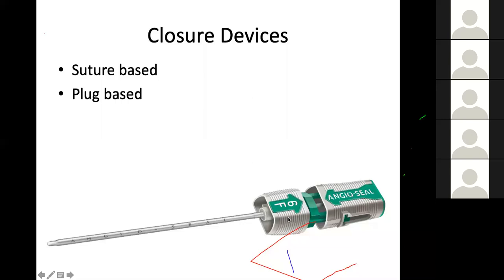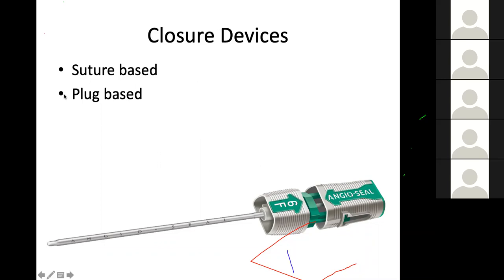So what happens is, inside this, there is a gelatin plug which goes and seals the access site in an artery, and we don't have to give prolonged compression. In fact, you need not even compress, but for safety, we do press it for about 5 minutes, and the patient can be mobile as early as 30 minutes after the procedure.